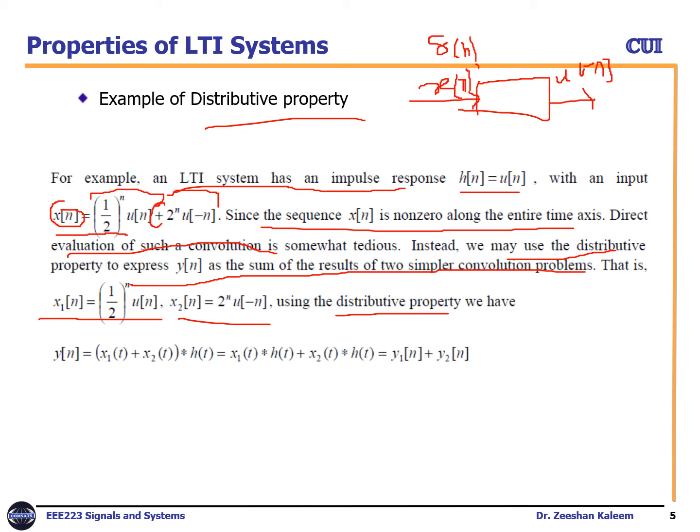Then x1 * h and x2 * h give you y1[n] and y2[n], and when you sum these results, you get y[n]. So this is the example of the distributive property.